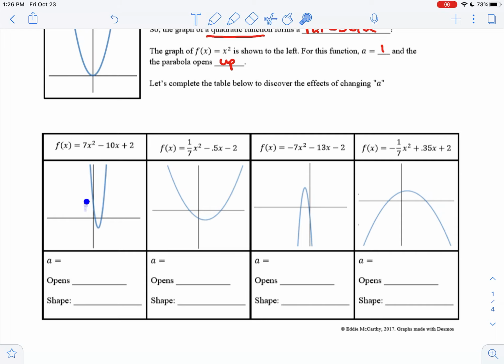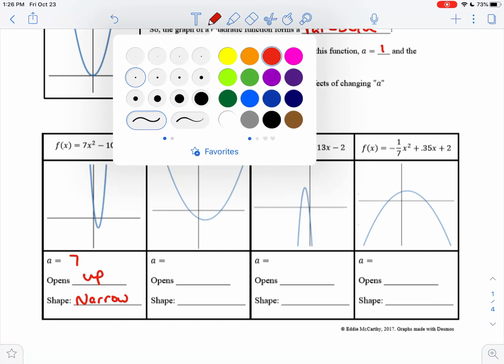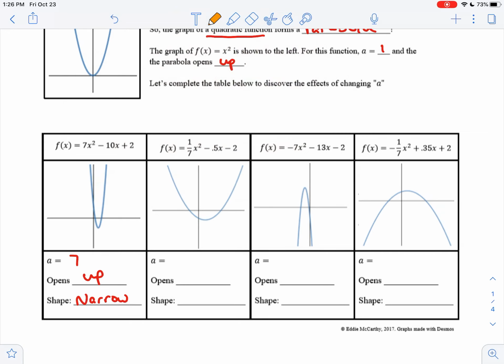Okay, so if we look at each one of these graphs, we can kind of see. In our first function, we have f of x is 7x squared. Notice our graph got very narrow, although it's still facing up. When a is 7, the graph still opens up, but it got very narrow. In graph number 2, notice that a is 1/7.